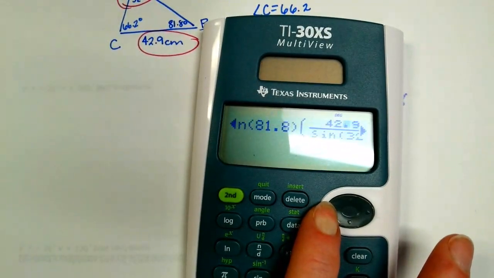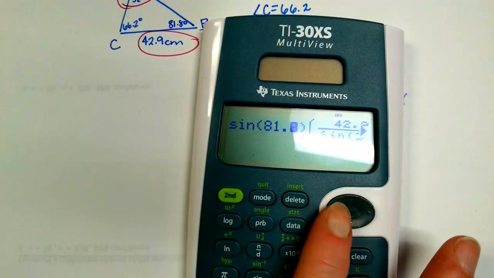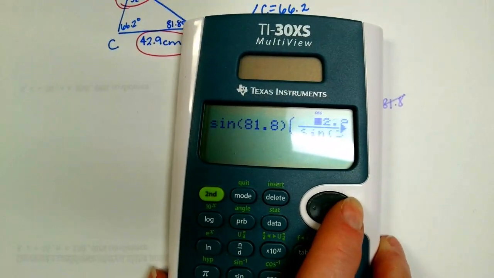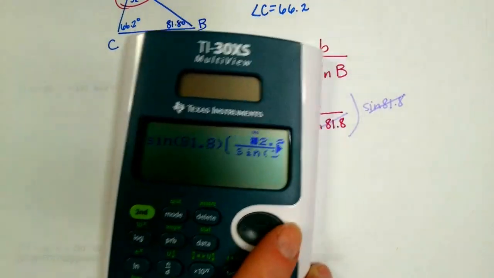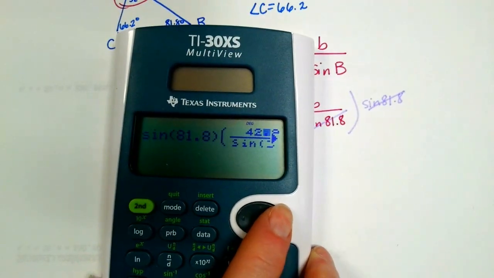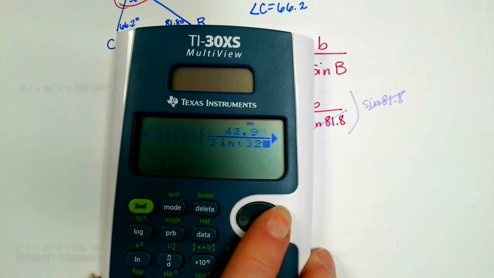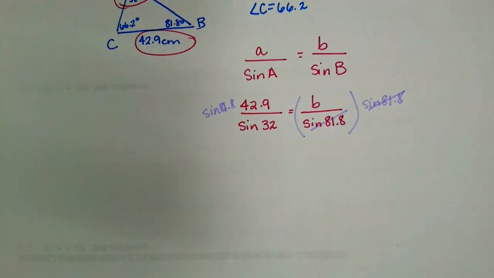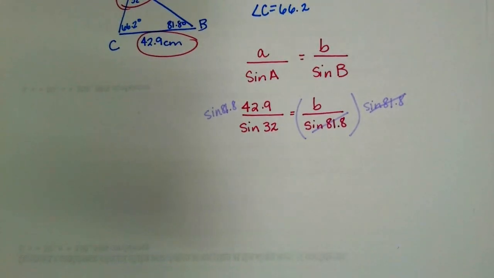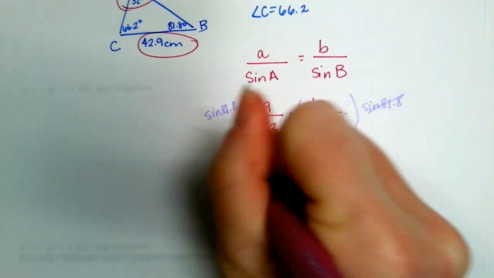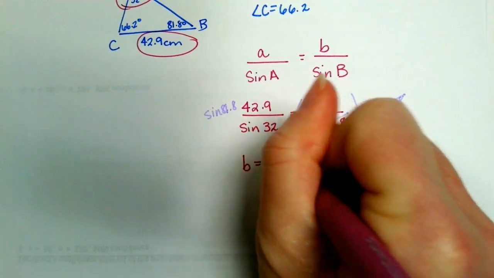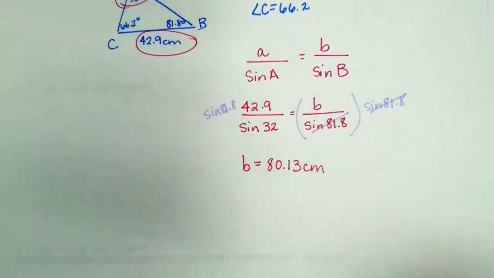So if I back up over here, I have sine of 81.8 times the fraction 42.9 over sine of 32. And I get 80.13. So that's side B. And that would be centimeters.